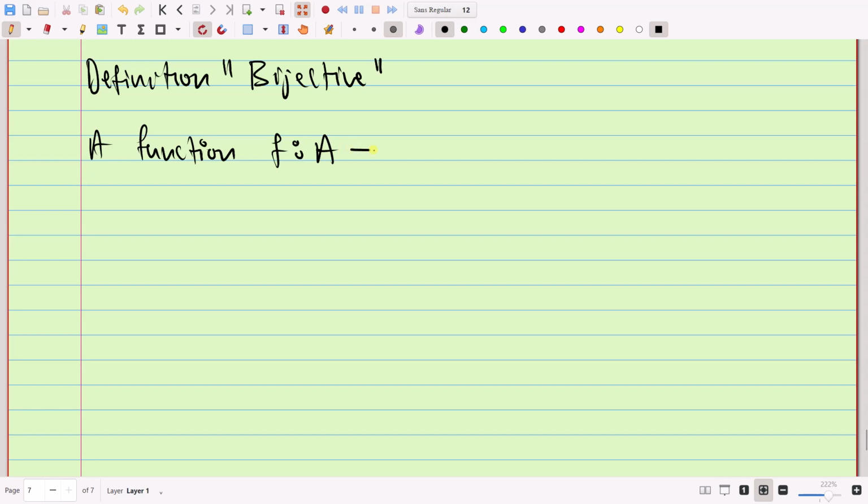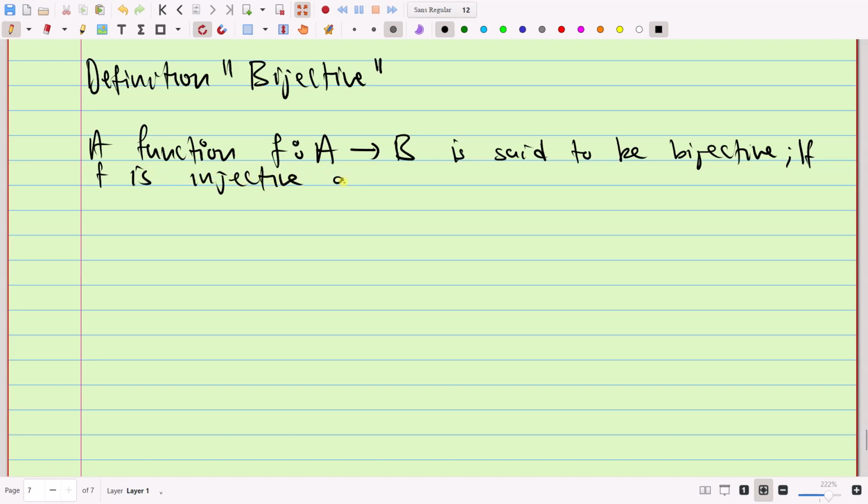A function f which maps A onto some set B is said to be bijective if f is injective and surjective at the same time.